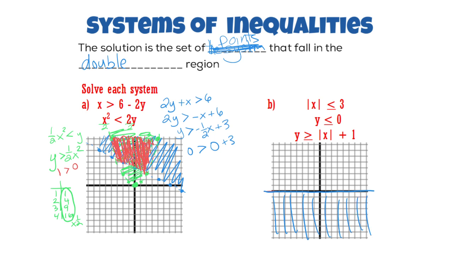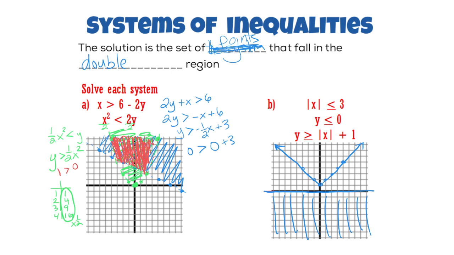The third equation is actually just one of those V equations. It's an absolute value graph that went up 1. So if I go up 1, right here is the V. It's just your standard 1, 1, 2, 2, 3, 3. So I've got that. Same thing on the other side. I am doing a solid line because of the or equal to, and then I would do a test point.